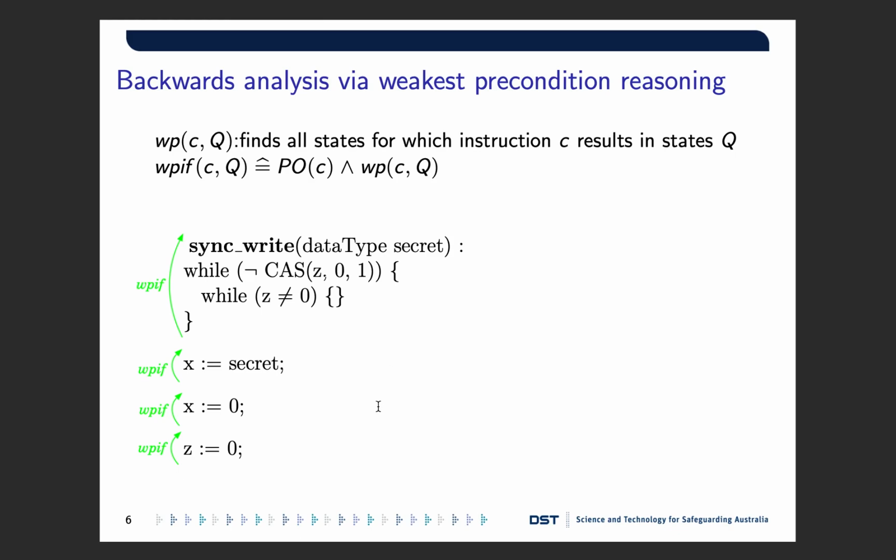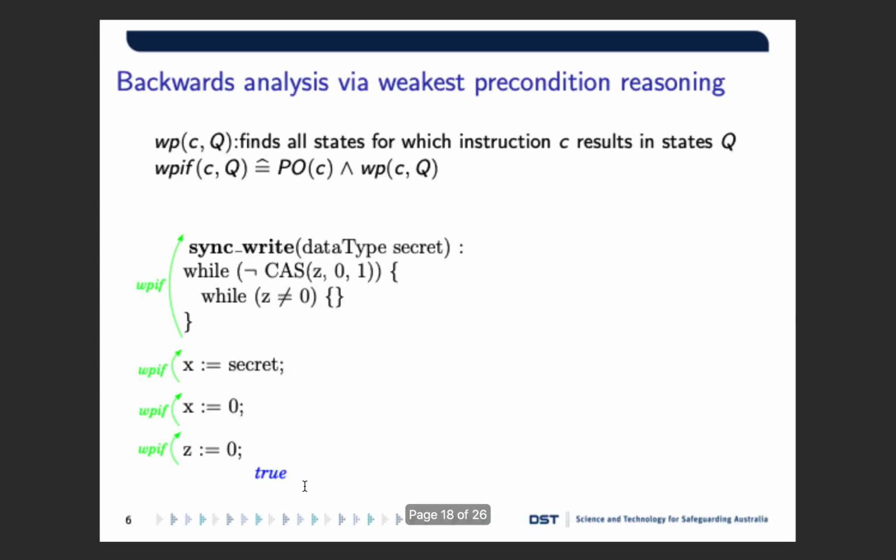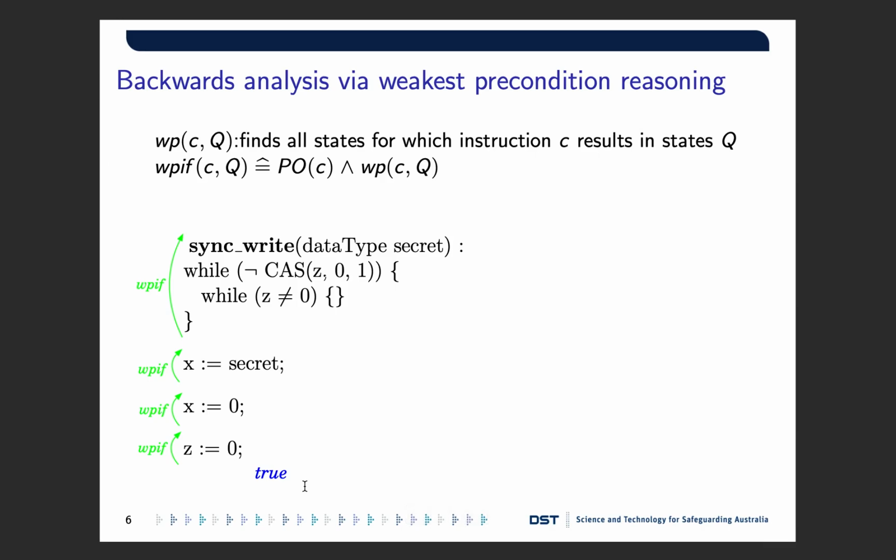We start at the back and apply WPIF over each instruction backwards to the top. So we start with true and reason over the last instruction, which results in the proof obligation of the last instruction, because the weakest precondition of any instruction to reach true is just true.